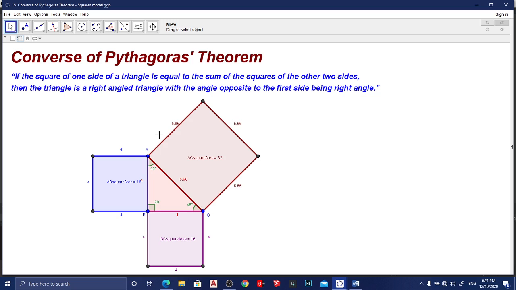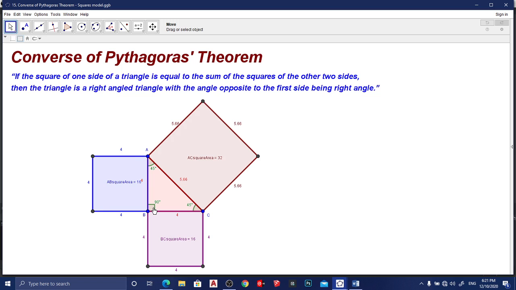If the square of one side of the triangle is equal to the sum of the squares of the other two sides, then that triangle is a right angle triangle with the angle opposite to the first side being right angle. So here I am taking this side as the first side. The angle opposite to this first side is 90 degrees, which is the right angle.